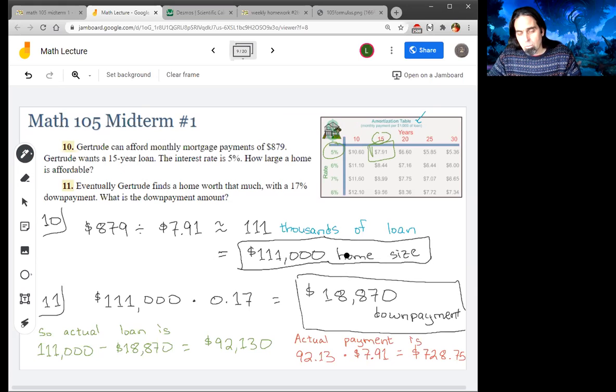So take the home size, subtract away the down payment, and you get how much is the actual loan. Then in the red, what her actual loan amount was, 92.13 thousands, pretending the thousands comma is where my place value whole numbers start. So I take that number, and that's how many $7.91 she needs.